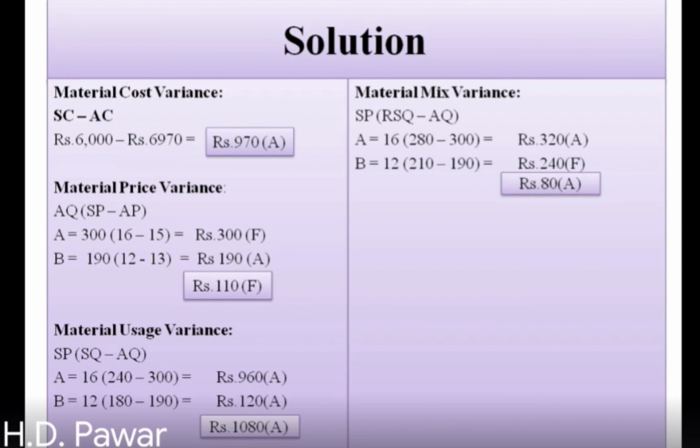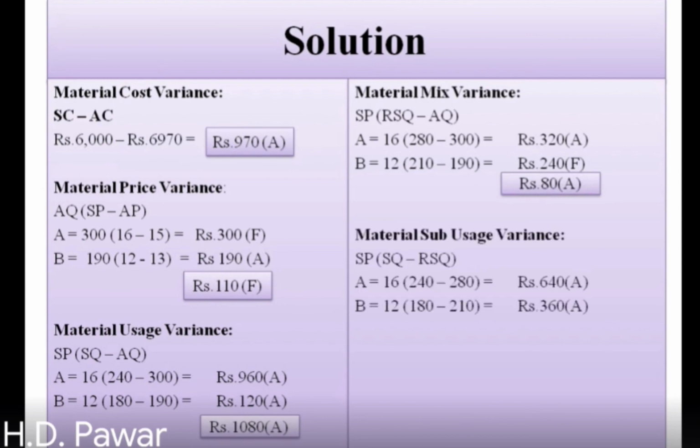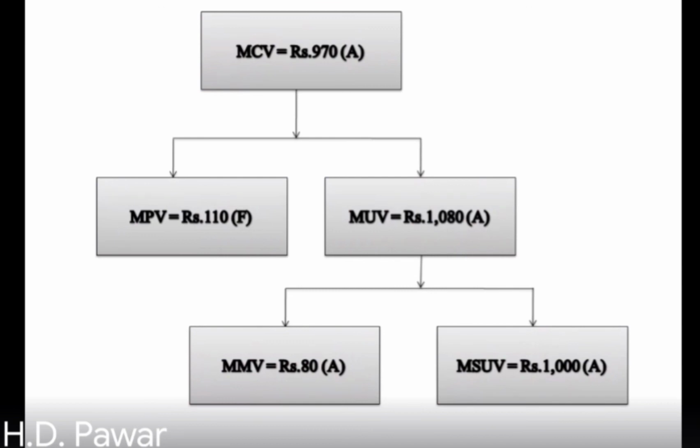The formula is material sub usage variance: standard price into bracket standard quantity minus revised standard quantity. Okay, set the values and 1000 is your answer. 1000 plus 80 is equal to 1080. And your verification is like this. Okay, understood? This is the solution.